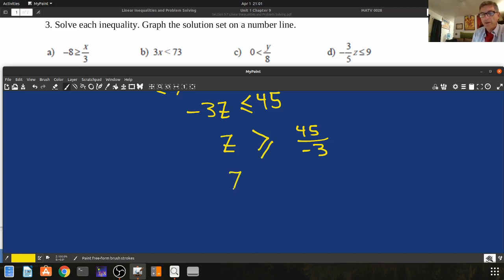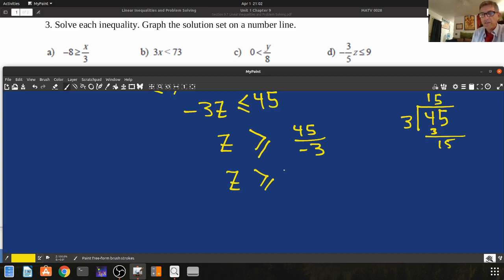And over here you want to simplify this, and you want to divide because 45 is divisible by 3. Why? Because 4 plus 5 is 9, and 9 is divisible by 3. So that's 1, 3, 15.